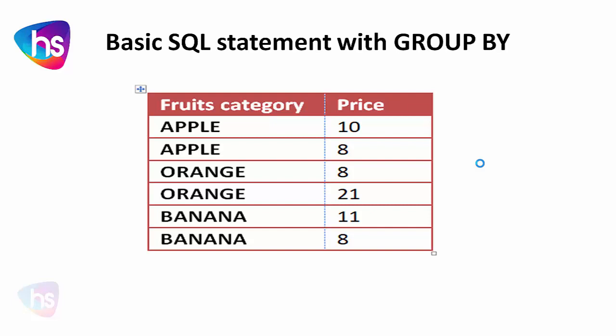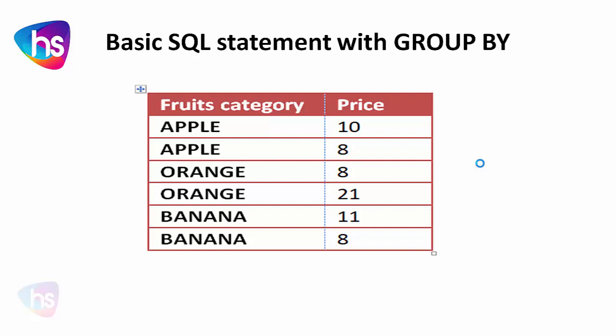Like in one order it is 10 rupees, and in the second order it might be 8. Similarly, oranges are 2 orders, one is 8 and the second is 21. Similarly, banana has two items, one is 11 and one more is 8.